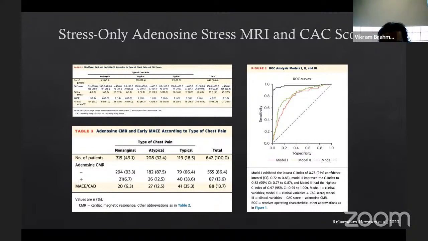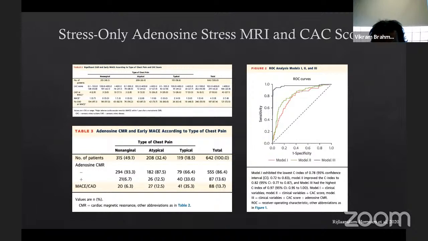So they had about 600 patients, and those who had a calcium score of 0 were excluded. And it's a fairly low risk group, as long as they're asymptomatic. Patients with the perfusion defect went on to invasive angiography, and they were followed for a year. And the outcome that they looked at was obstructive CAD, so greater than 50% lesion in at least one epicardial artery.